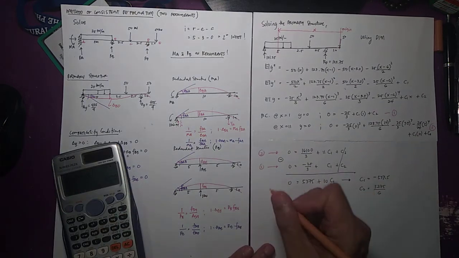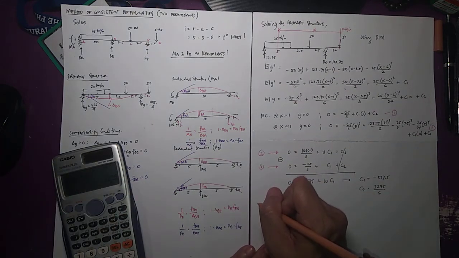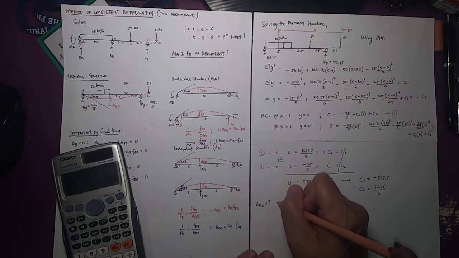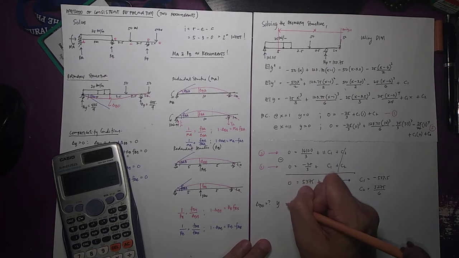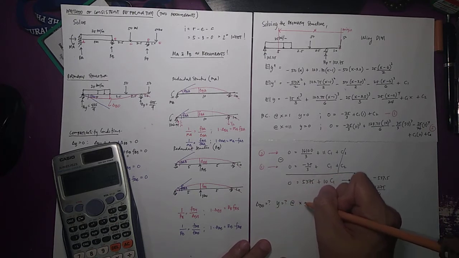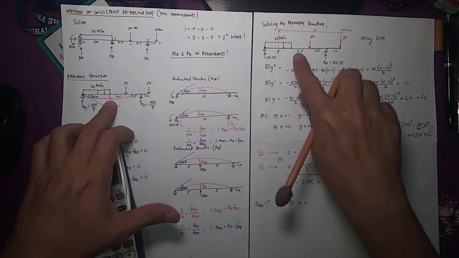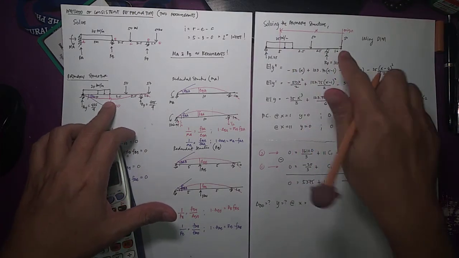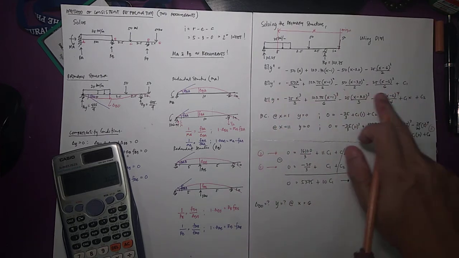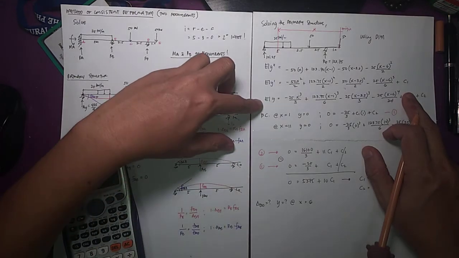So for delta BO, that is actually the deflection at x equals, what is x there? 6. So substituting this in the deflection equation over here, let us substitute.